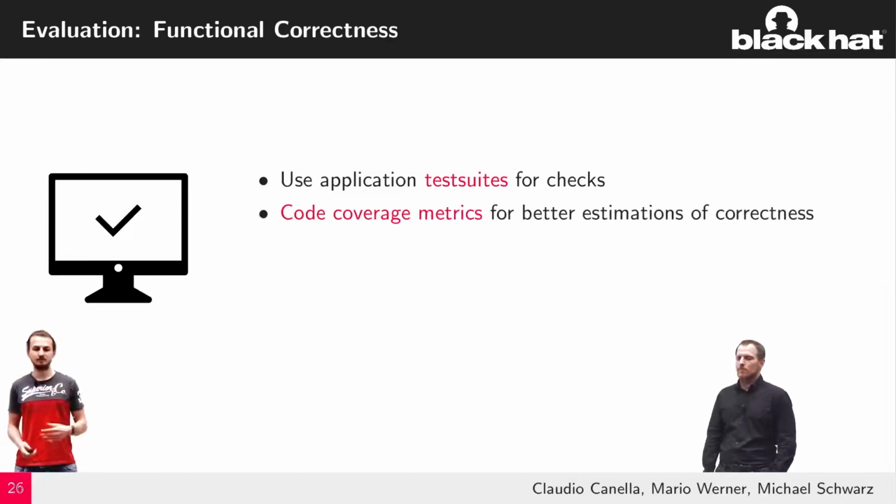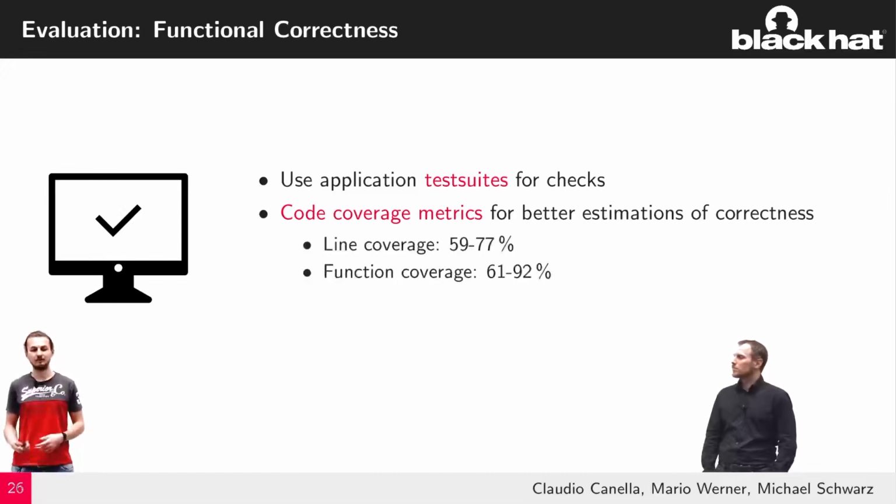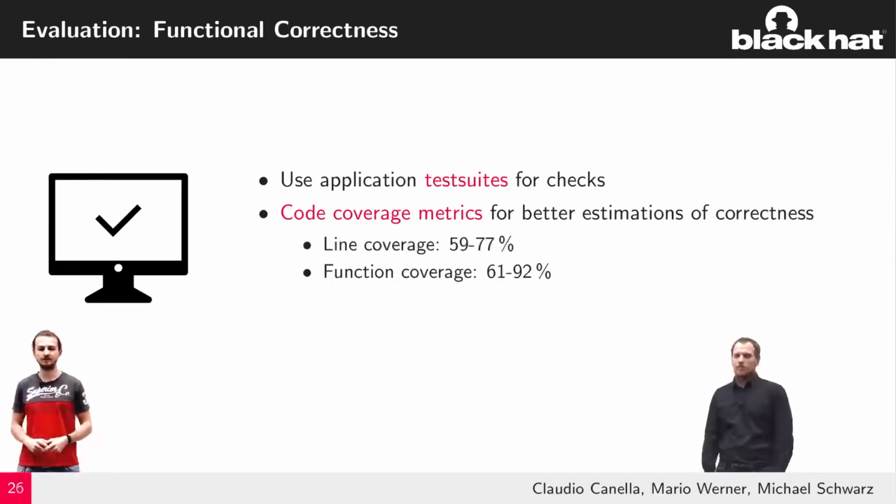In regards to line coverage, we were between 59 and 77%. And for function coverage, we were able to cover between 61 and 92% of the functions in these test suites. So this might also be a point that we need better test suites, but this is outside the scope of our work.